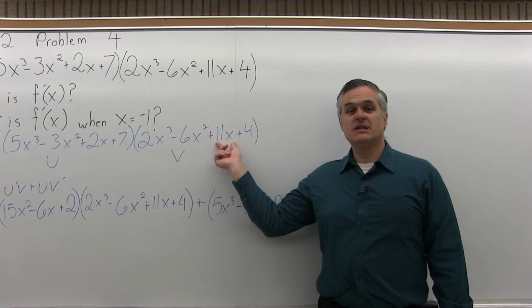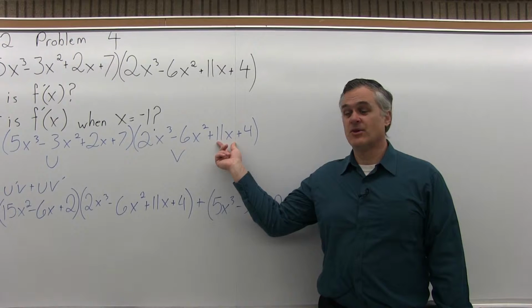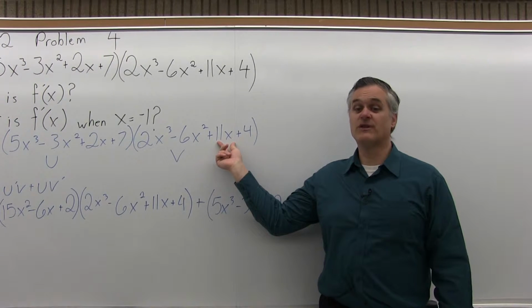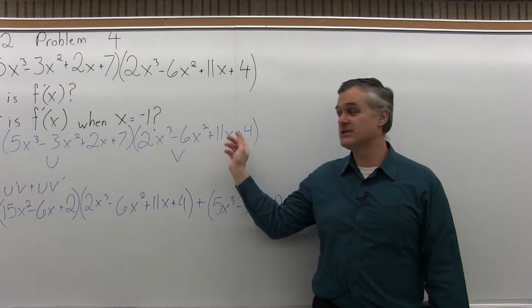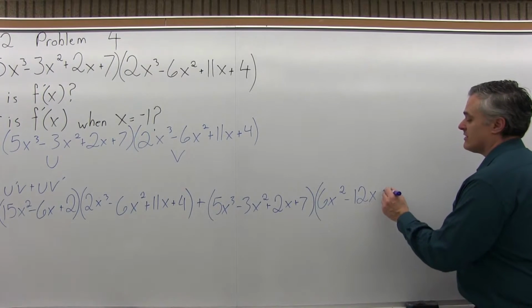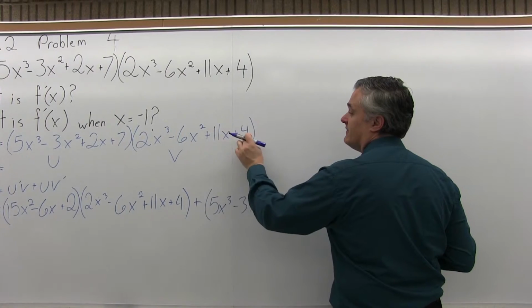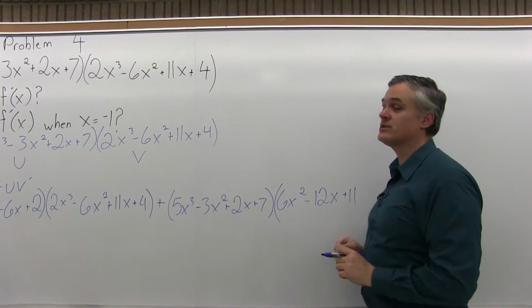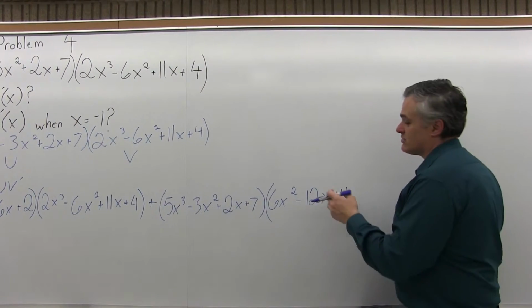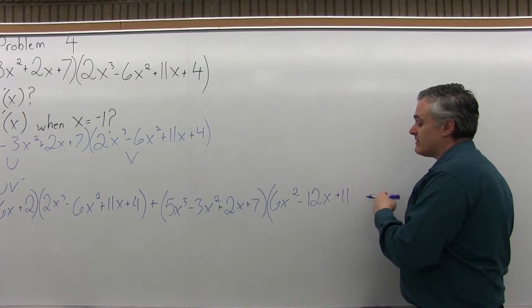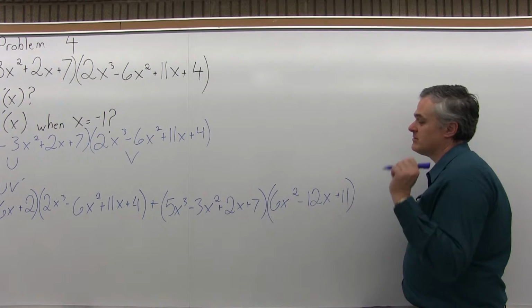The next piece of v is 11x, or 11x to the first. So the v prime will give me just an 11. Since I have an x to the first, the derivative is just the number in front, the 11. And the last piece of the v is just 4 with no x, so its derivative is 0. So it's really 11 plus 0, but I don't write the 0.